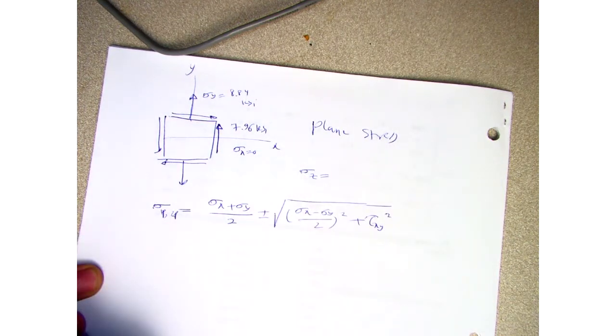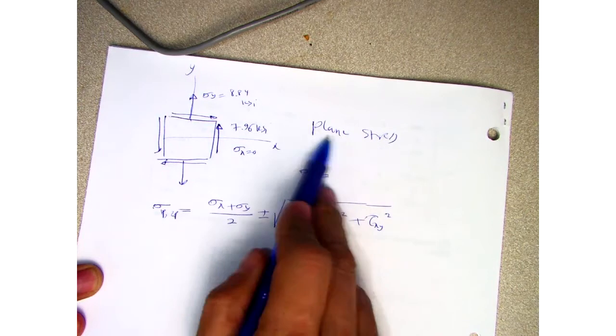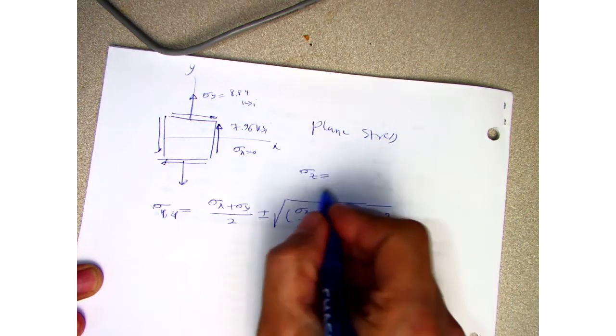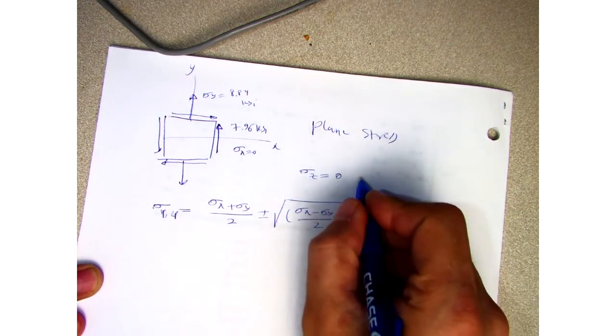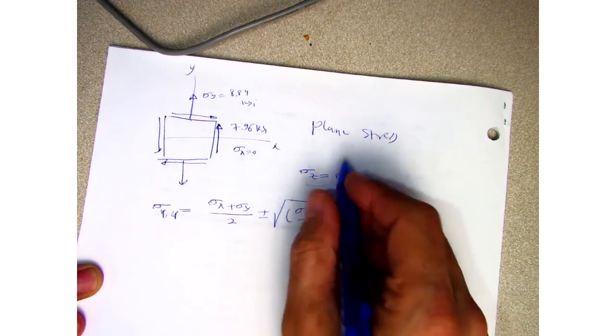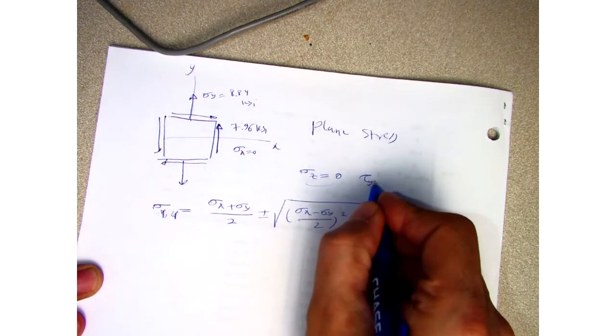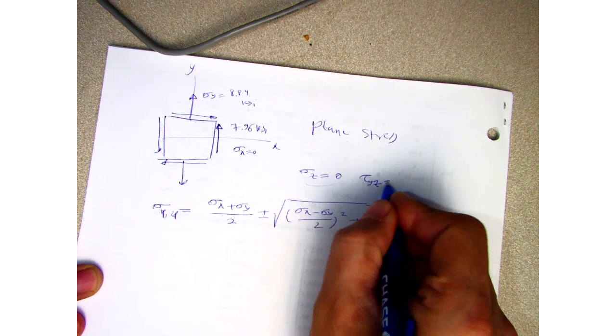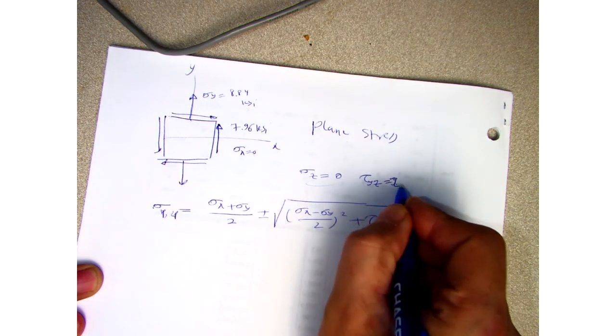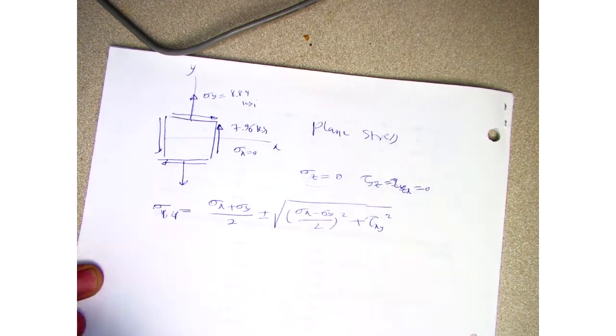For the z-axis, since we are considering plane stress condition right now, sigma z is 0. So basically, for planar stress, you also have tau yz and tau zx equal to 0.